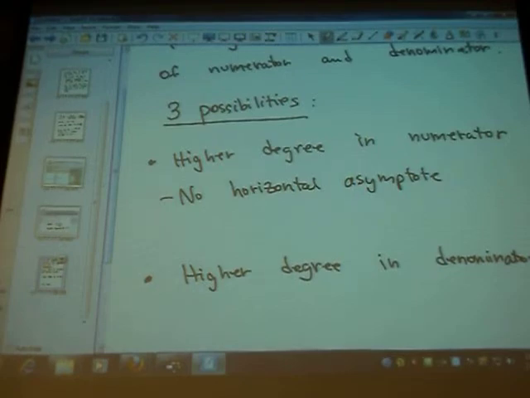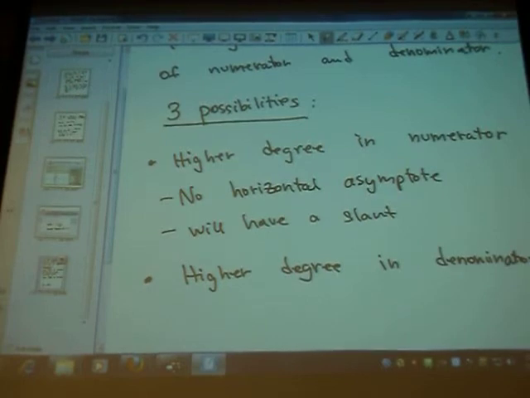Now in this case, if you don't have a horizontal, then you will have something else, the third type. This is called a slant asymptote. That's a slanted line through your function, okay? Basically a slope. A linear asymptote, yeah. They're called slant asymptotes.